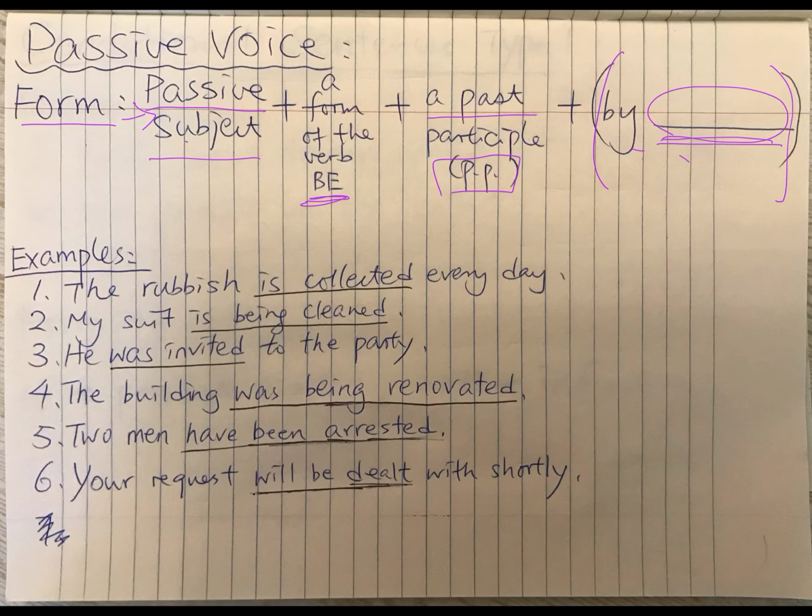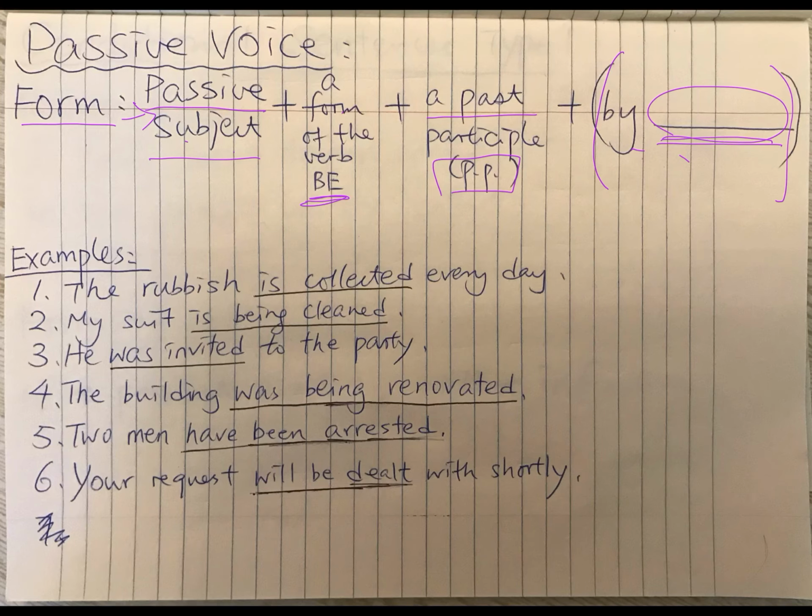Okay, passive voice. Now, passive voice is used to place focus, usually on the object rather than the subject. It is made with the auxiliary verb to be and the past participle. The auxiliary verb shows the tense.